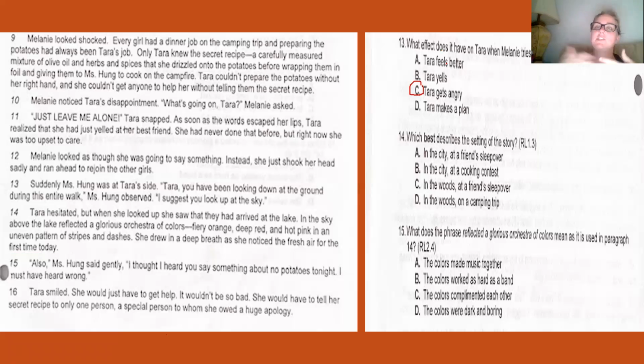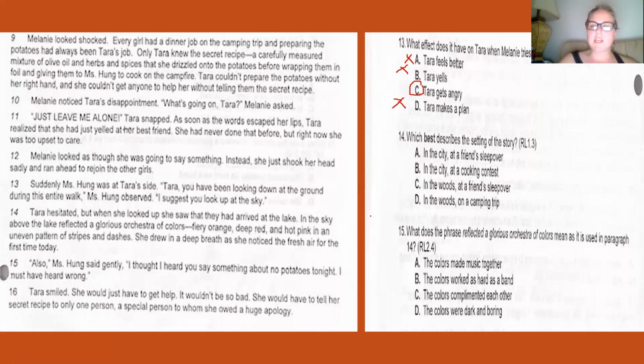So think about it. Melanie's trying to carry her items. Tara feels better. No, she doesn't feel better. Tara yells. She does yell, but that doesn't really tell me what effect it has on Tara. D, Tara makes a plan. No. The answer is C.